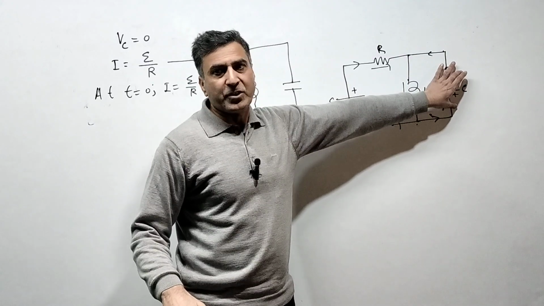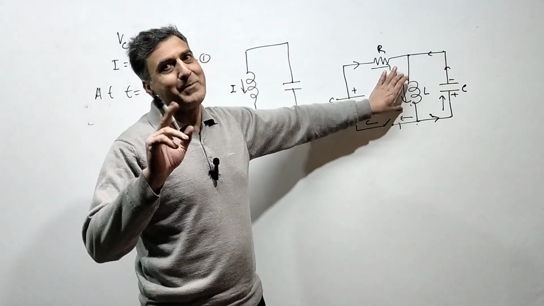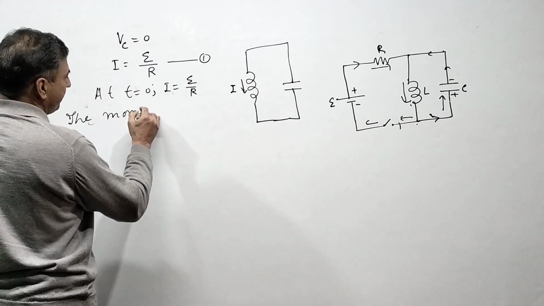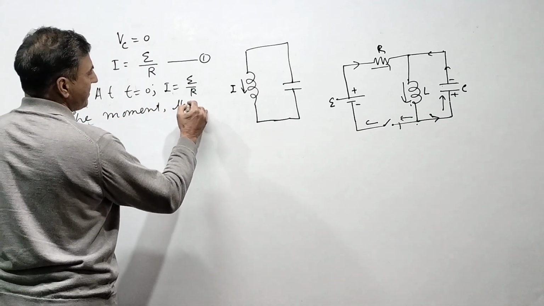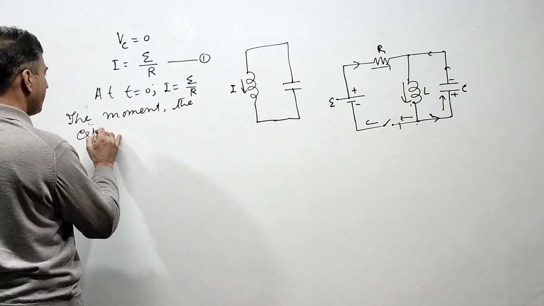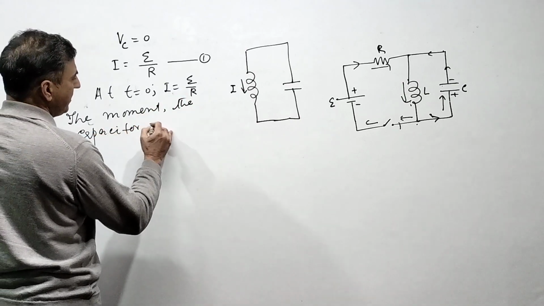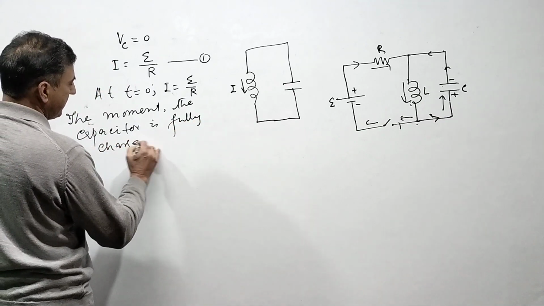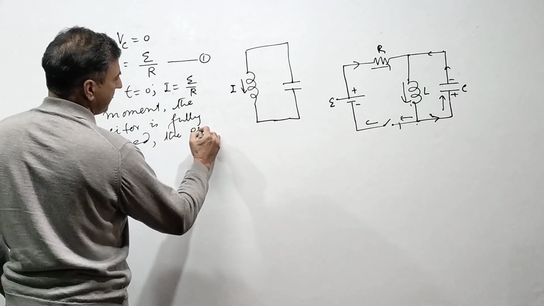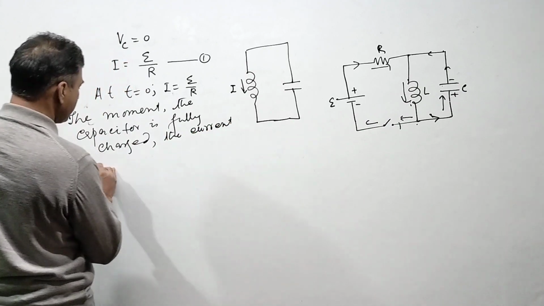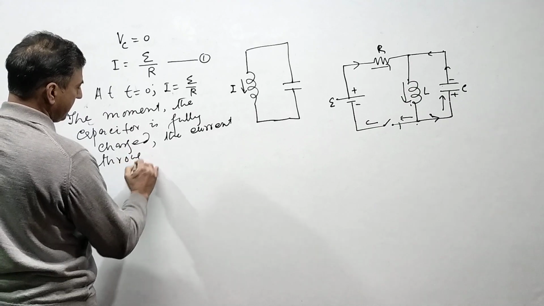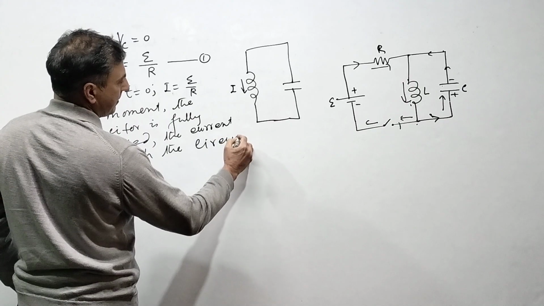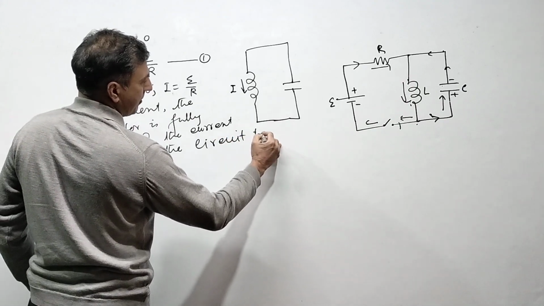The moment the capacitor is fully charged, the current through this circuit becomes 0.